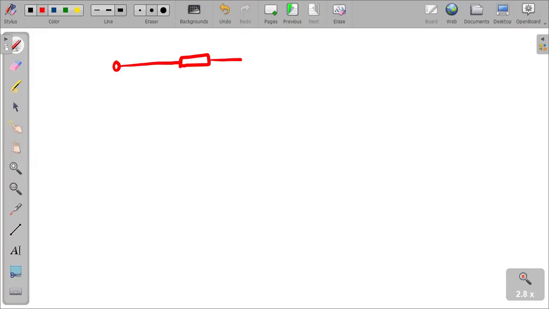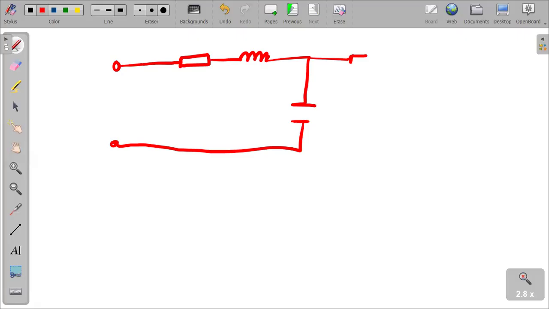There is the inductor. And then we have our capacitor here connected in parallel. Then we have again our resistor there, and our inductor there. And this is what we are having.